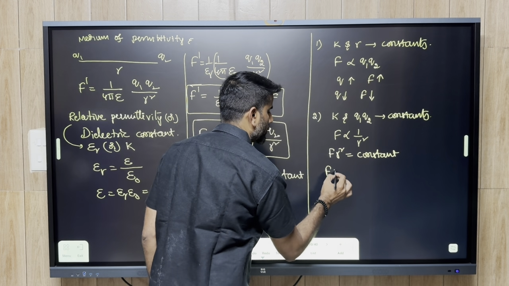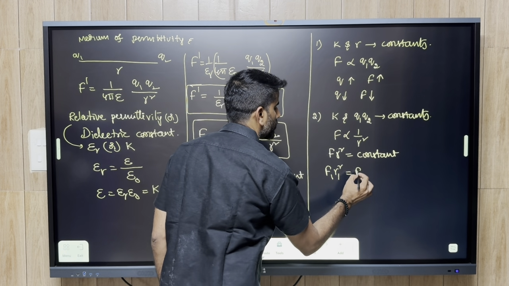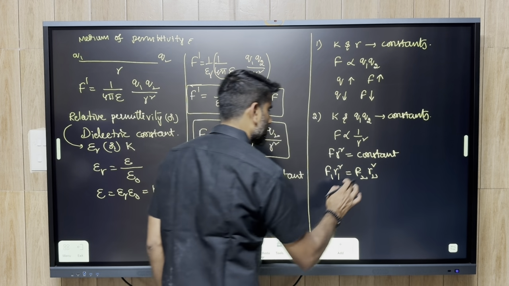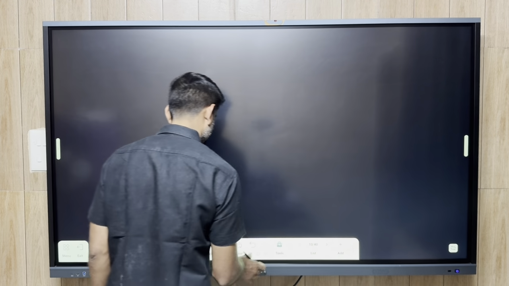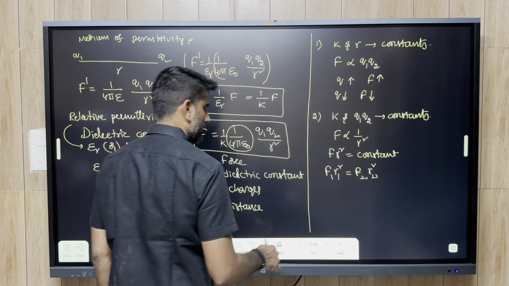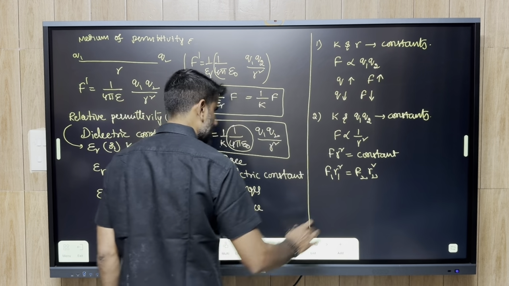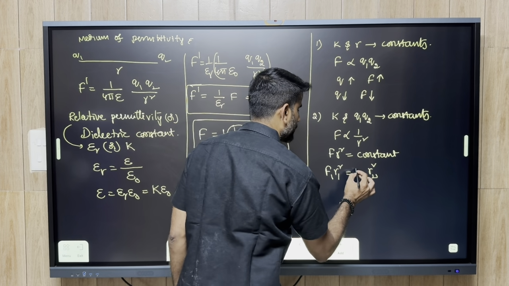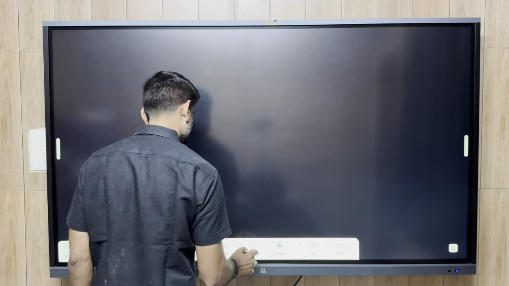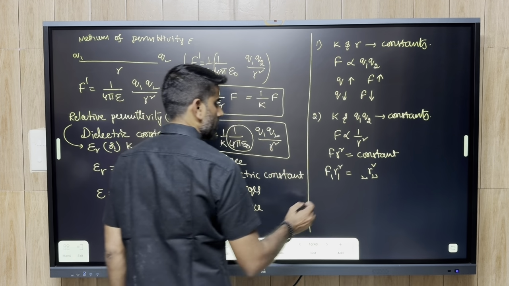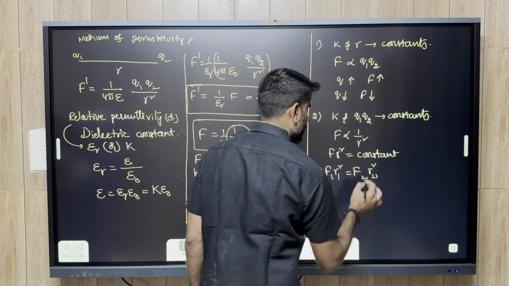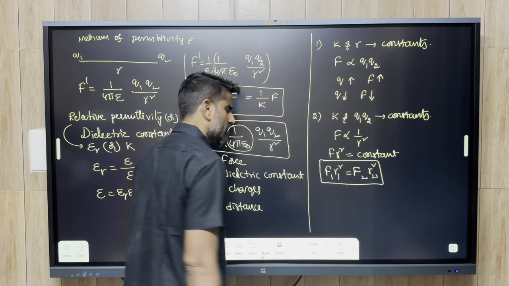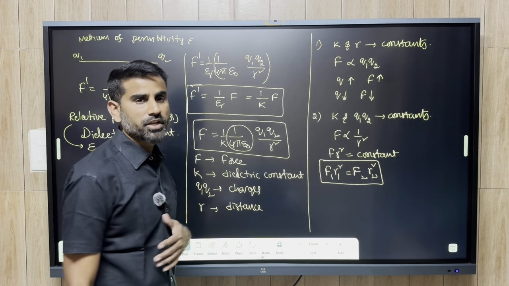So for that, F1 R1 square is equal to F2 R2 square. This is one result. We are just playing with the Coulomb's law equation.